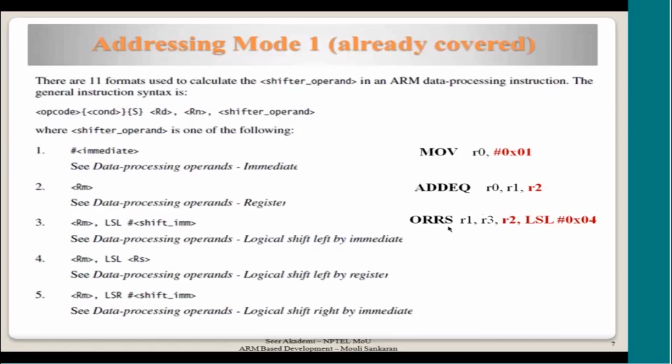Now, when I say that this flag S is here, that means this instruction can modify the conditional flags after this instruction is executed. Now, what flags will be affected by this?